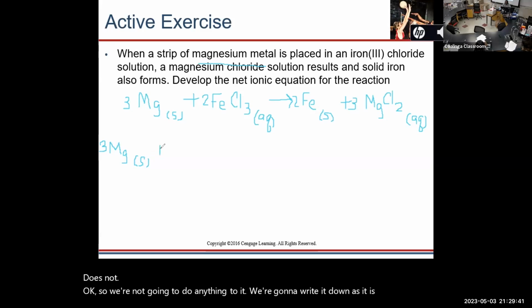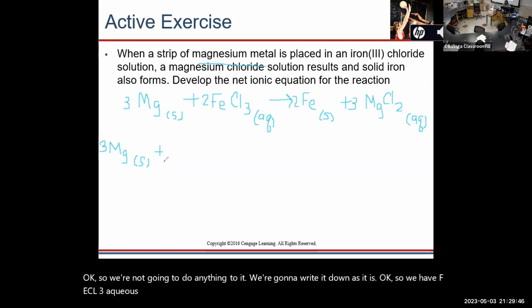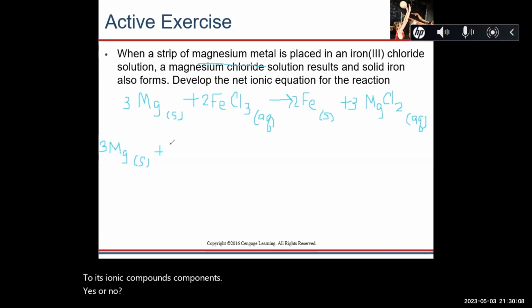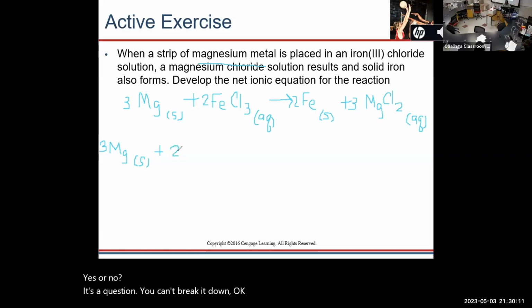Okay? So we have FeCl3 aqueous. Can we break that down to its ionic components? Yes or no? It's aqueous, so you can break it down. Okay, so we're going to break it down. So we get 2 Fe 3 plus.